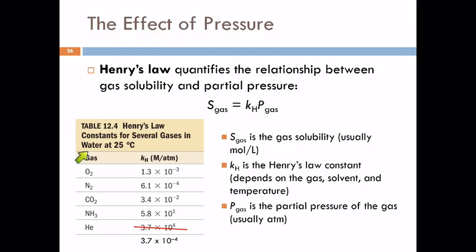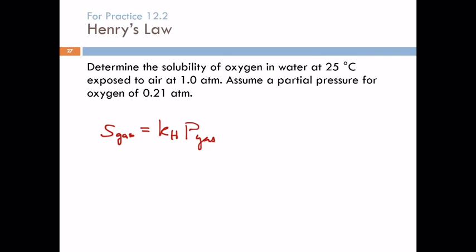So if we go back to this table, for oxygen, the Henry's law constant is 1.3 times 10 to the minus third molarity per atmosphere. 1.3 times 10 to the minus third. So this is 1.3 times 10 to the minus third molarity over atmospheres.